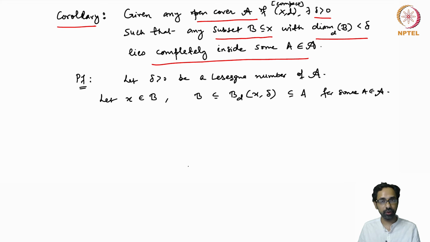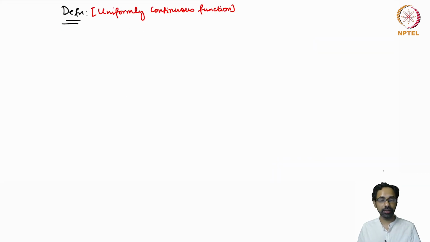And now we are ready to prove the uniform continuity theorem. To generalize the idea of uniformly continuous functions from real numbers to real numbers, we will give a definition of uniformly continuous functions between two metric spaces.